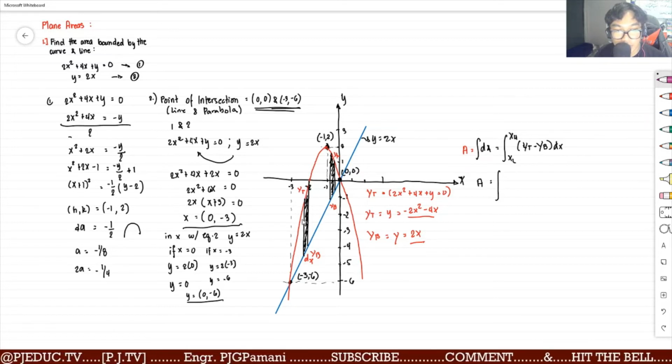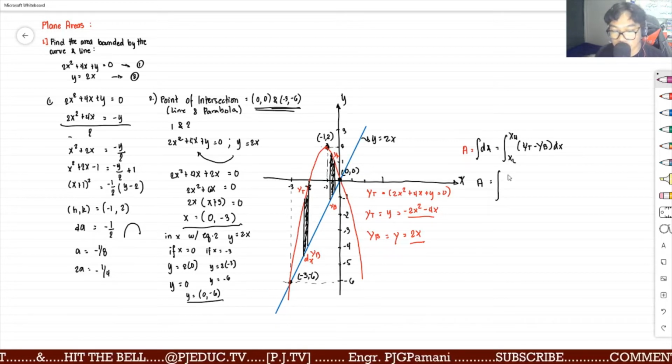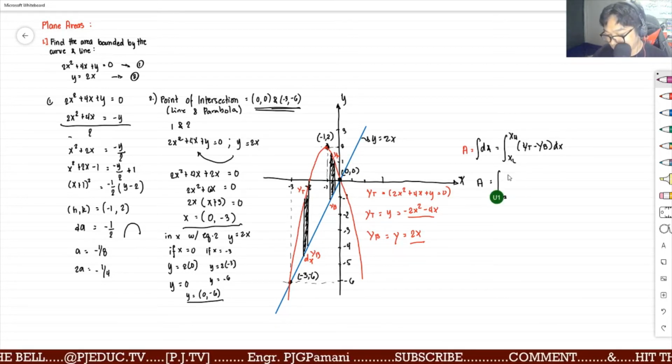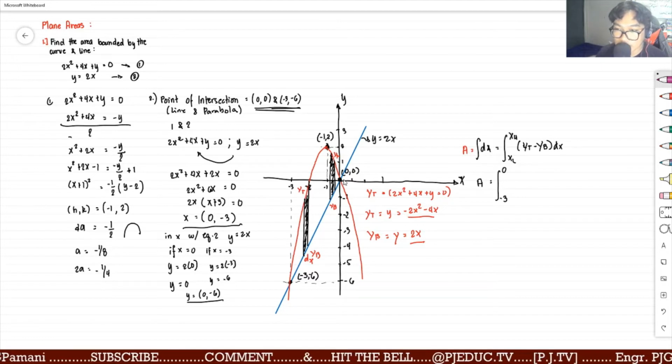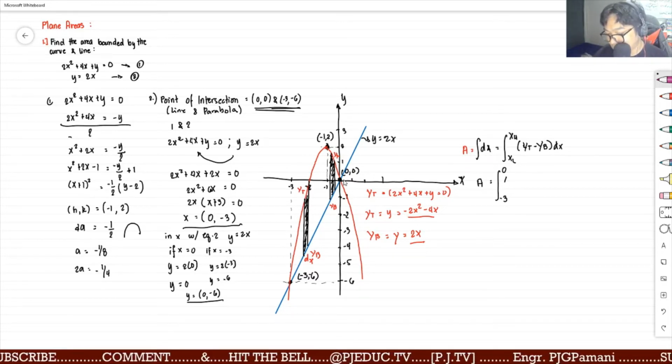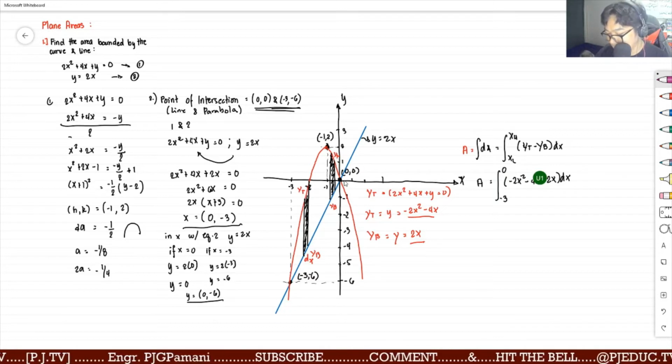So, ilan yung area? Ano yung section na kailangan nating i-consider for our area bounded? Starting from 0 to negative 3, x-axis. So, that is negative 3 to 0. Lower limit, negative 3. Upper limit is 0. Substitute y top is negative 2x squared minus 4x minus y bottom of 2x dx.